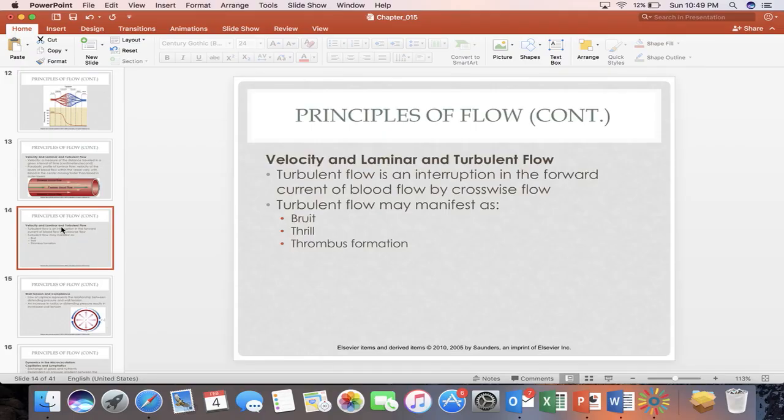Turbulent flow is an interruption of the forward current of blood flow by crosswise flow. So turbulent flow will manifest as a bruit, a thrill, and thrombus formation.